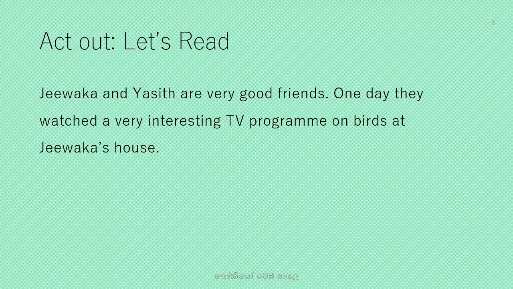Before I read this act out, as usual, I will give you 5 minutes to read it by yourself and try to see whether you can understand what is there. So please take 5 minutes, and then I will read it, and maybe we can do some exercises related to this.